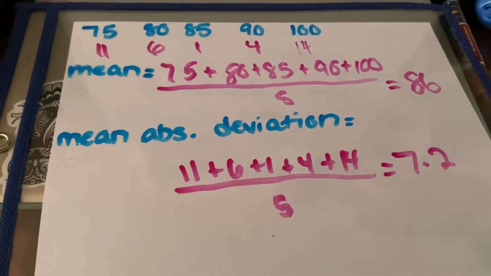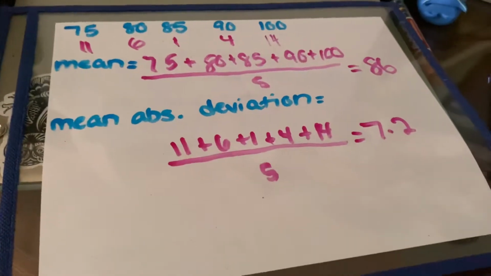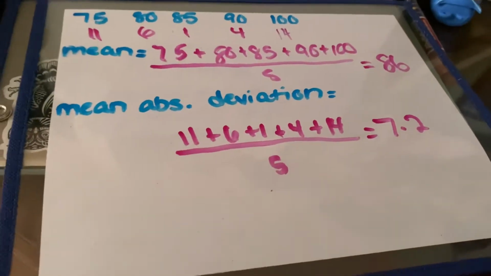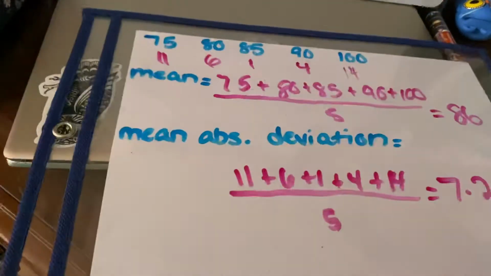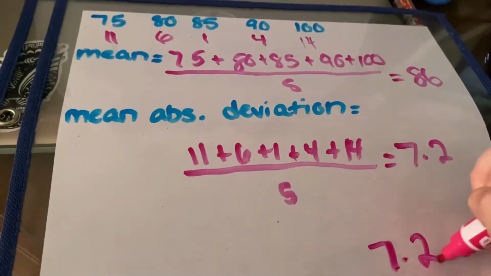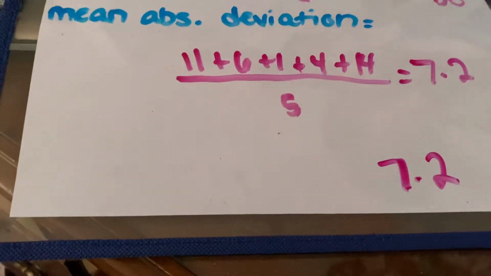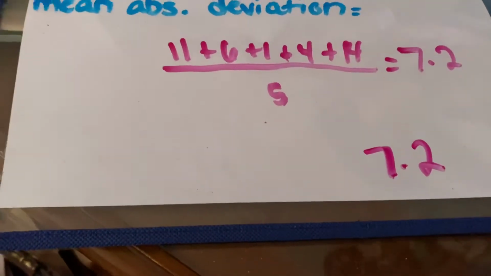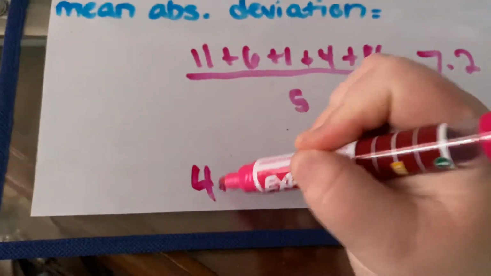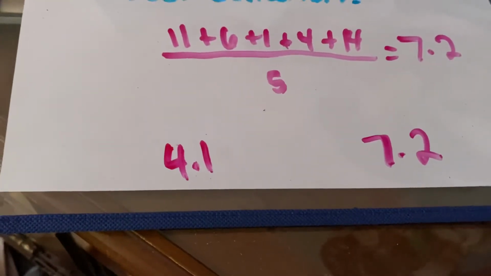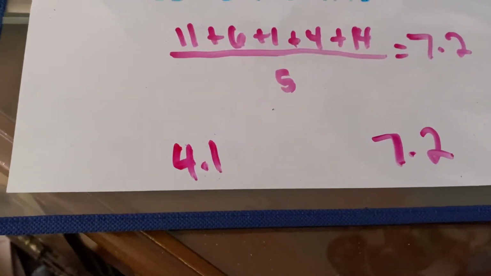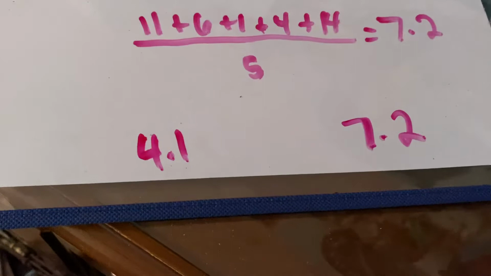There's another type of question that this will ask you. If you're given 2 mean absolute deviations, let's use the one that we just calculated, 7.2. And let's say we have a whole other data set. We calculated the mean absolute deviation from that, and we got 4.1. Now let's compare 4.1 and 7.2.